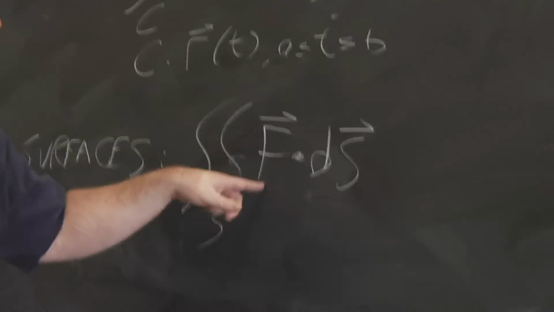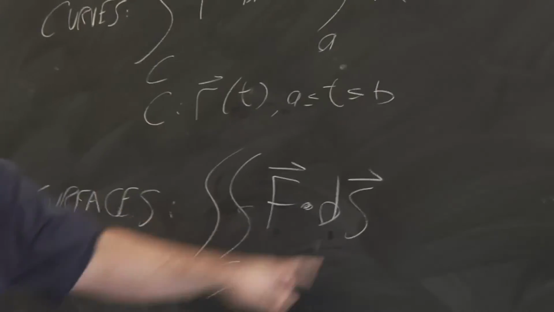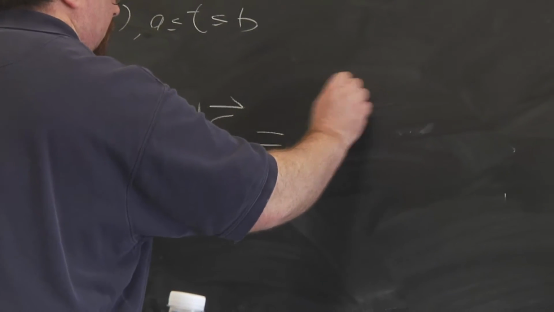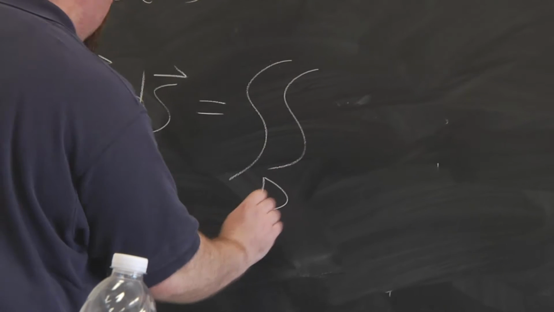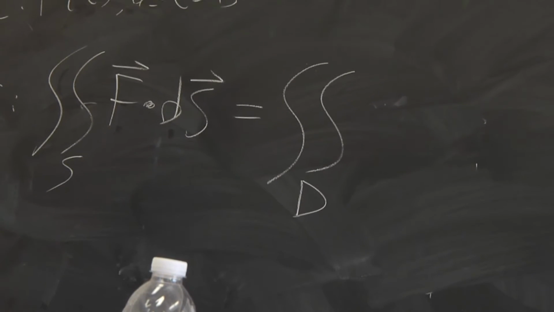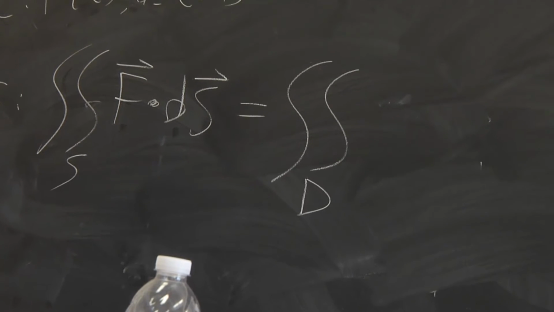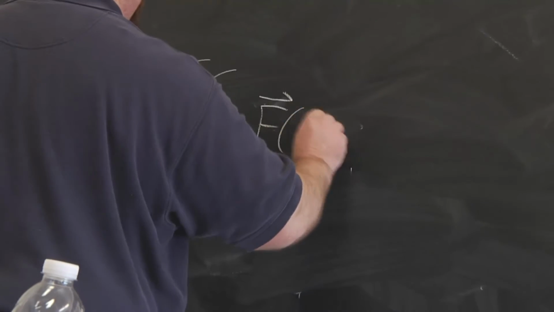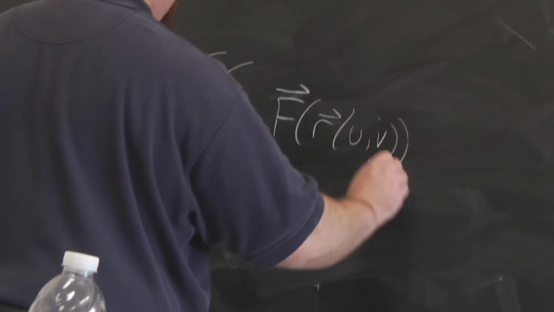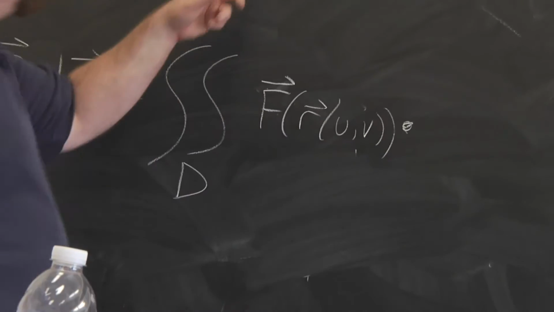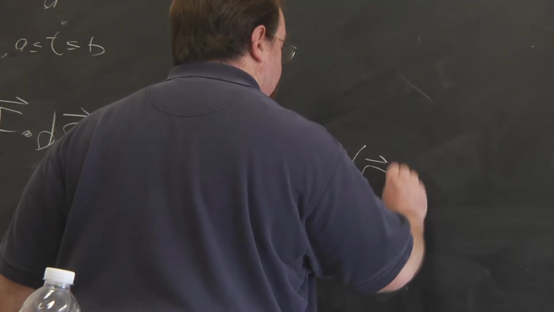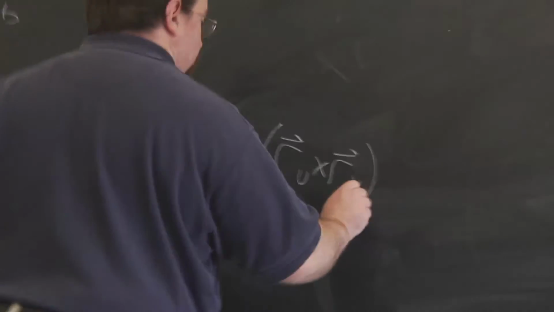But the integral of a vector field over a surface turns out to be the double integral over the parameter space, the domain that you have for u and v. And then you're going to have your vector field with your parameterization plugged in, R of u and v, dot product with, instead of a tangent vector like we had for curves, now the cross product that you compute to get your normal vector.